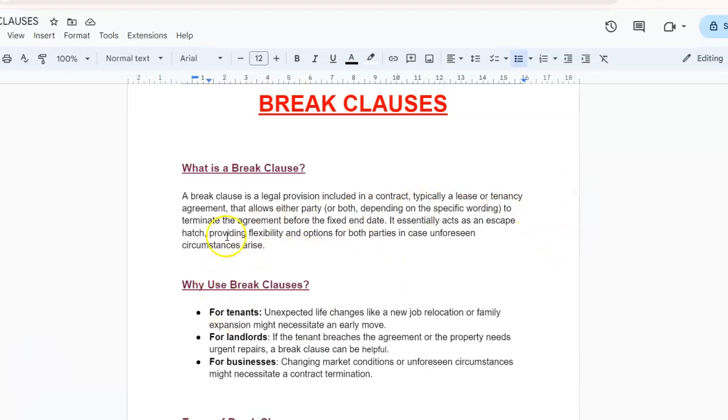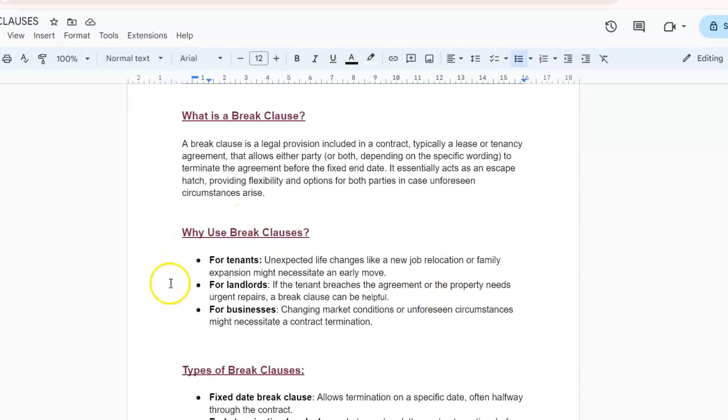So why do we need break clauses? Break clauses offer flexibility and peace of mind for both parties, but here are some important reasons as to why one might be included. In terms of tenants, as you may know, life throws curveballs at times.